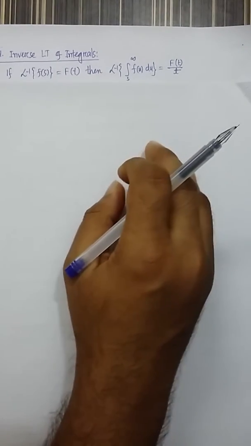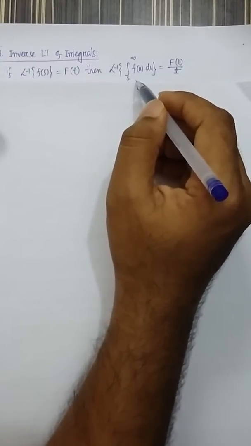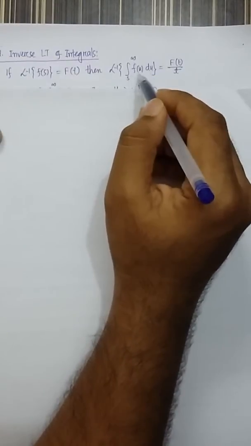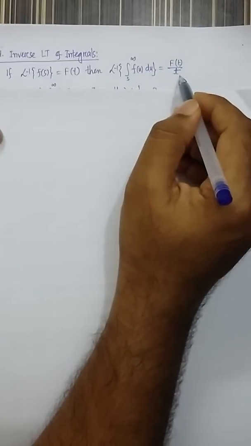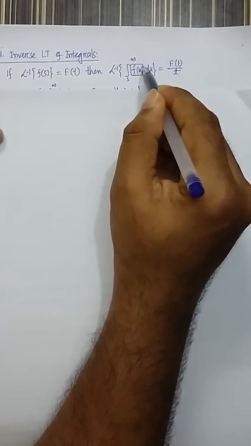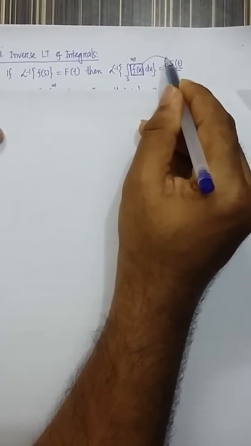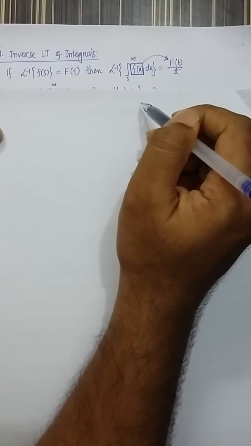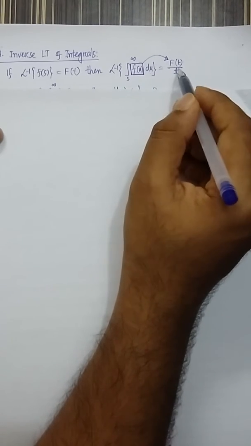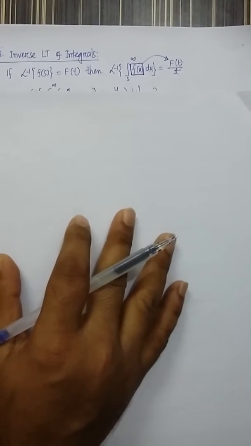That is the inverse transform of an integral. If the function of s is given in the form of the integral from s to infinity of f of u du, the inverse will be f of t by t, and this is our f of u, so it is actually f of s, and from this we will get f of t by using the inverse transform, and then we divide the answer by t, and that will be our actual answer.